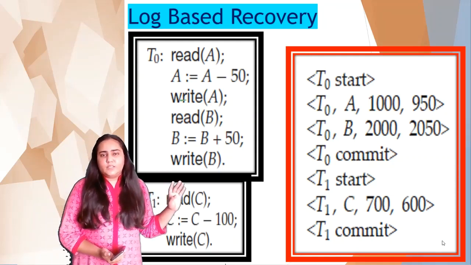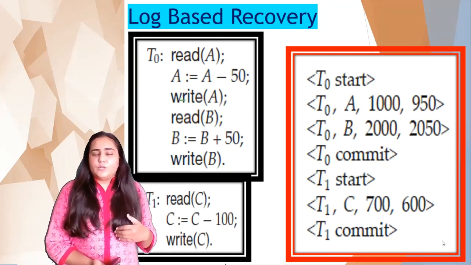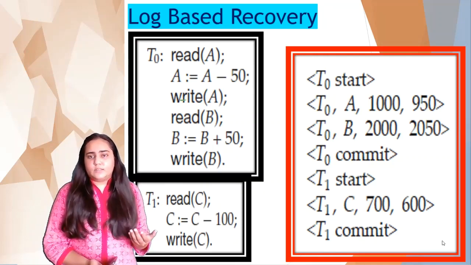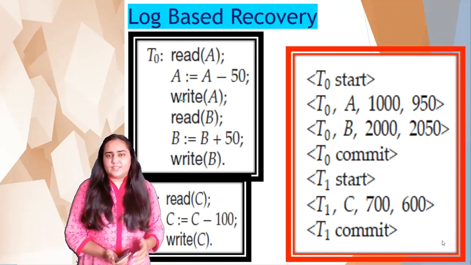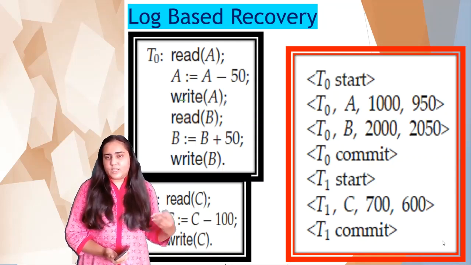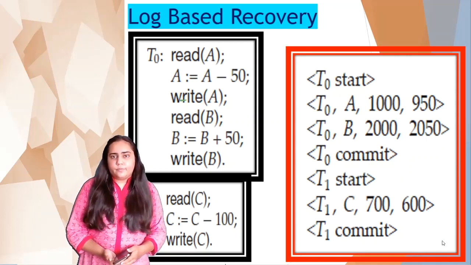Now, afterwards, you can see what T0 is actually doing. T0 is subtracting 50 from A. Here we are going to assume that the original value of A is 1000. So that's why there is an entry in the log that says T0, A, 1000 and 950, because 1000 is the old value, 950 is the new value.